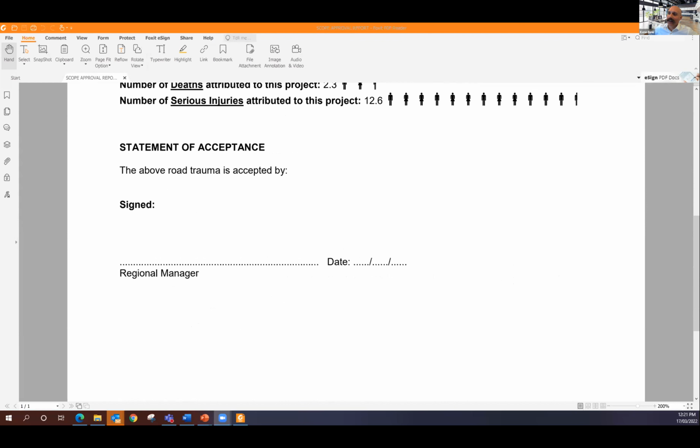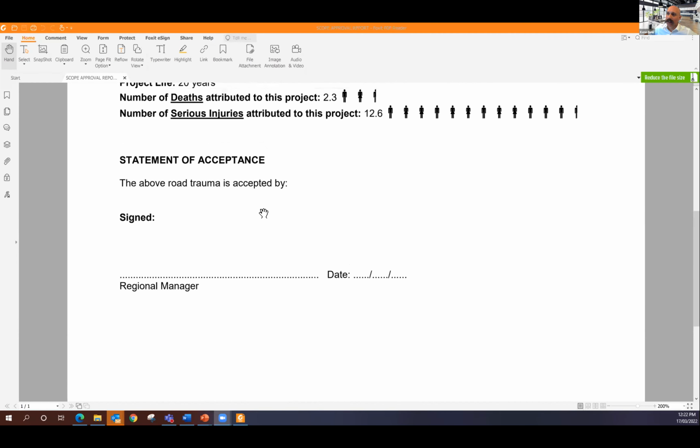Now, I think you could imagine it caused a lot of controversy, and we never got one signed. We were told to stop producing this, but sometimes you need to boil things down to a pretty basic choice. Now, the reality is that they were trading off human life for a little bit more capacity.